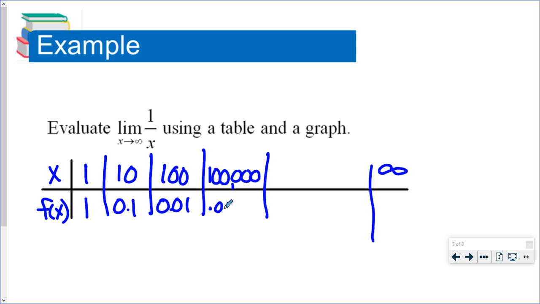Probably 0.00001, I think. Tenths, hundreds, thousands, 10,000s, 100,000s. Yep, we're good. So what about, I don't know, 100 million? We will have 0.000000001, I think.